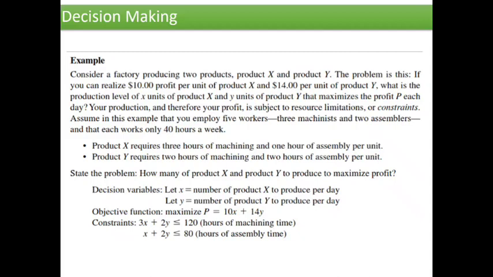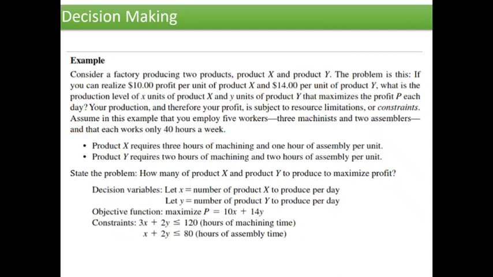The objective function we derive from the given information. First we have product X, which is $10, so we write 10x, where x is the production level of X units. The second is Y, which is $14 per unit.